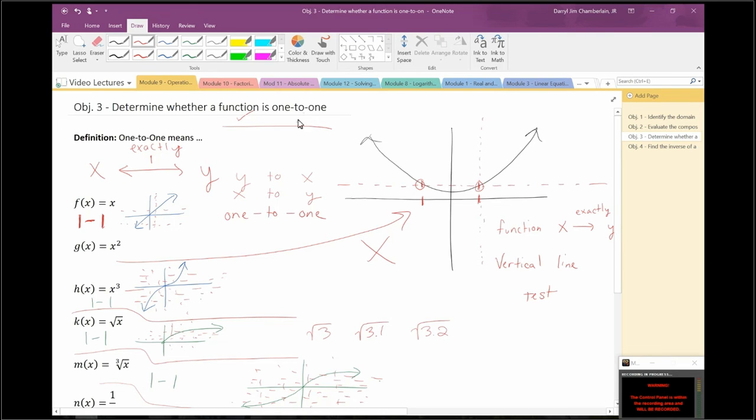And then to make sure it's one-to-one, I want to make sure it passes the horizontal line test. Not only is every x going to exactly one y, but I don't want different x's to go to the same y. And the easiest way to look at that is the horizontal line test.